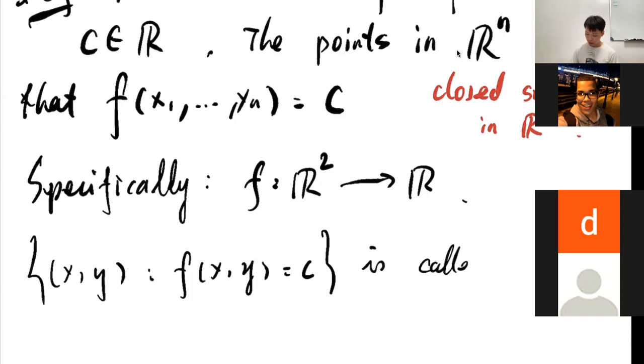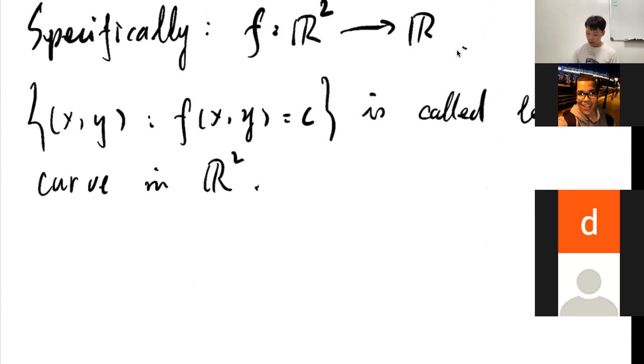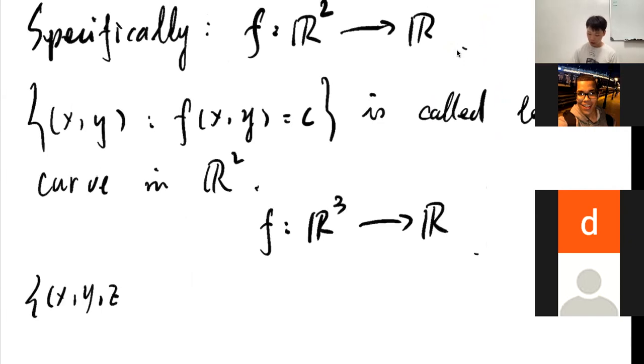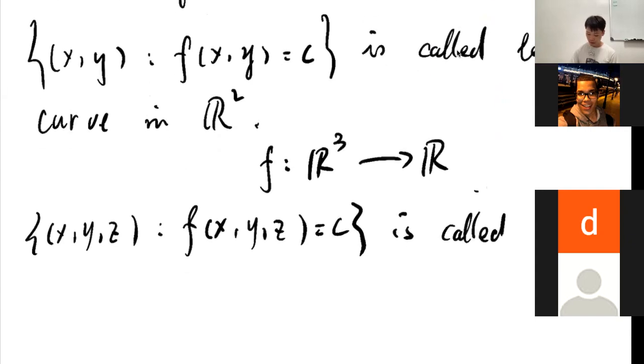It's called a level curve in R2. And when you have a function mapping from R3 to R, so that means you take three variables, this level set is called a level surface in R3. How do we visualize it?